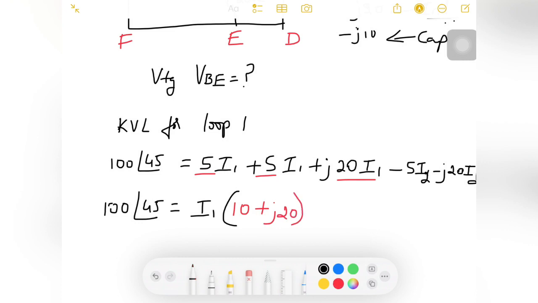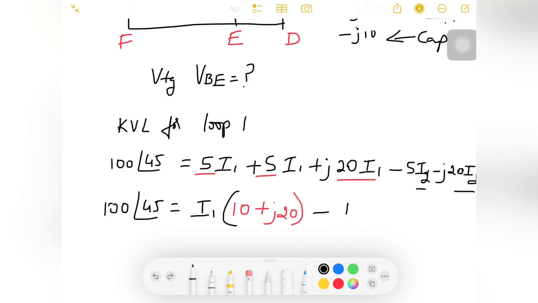Similarly, for I2, I have I2 over here and I2 over here, both are minus, so I need to take minus here.